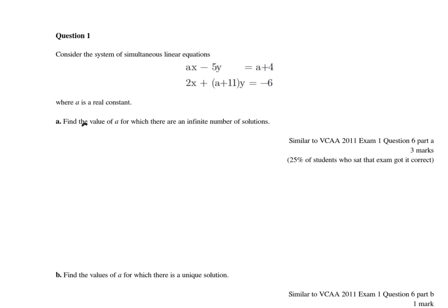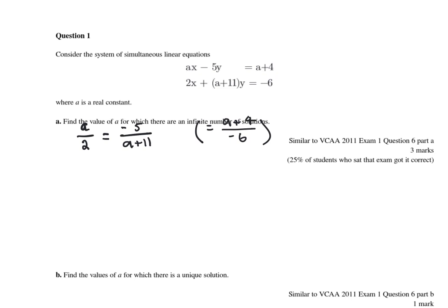So we want a over 2 to equal -5 over a plus 11, and we also want that to equal a plus 4 over -6, which we'll consider later on.